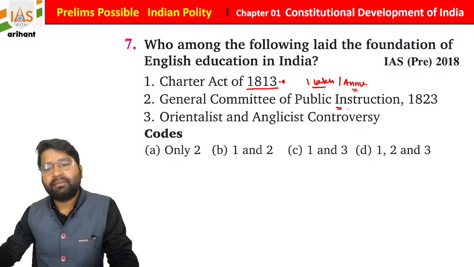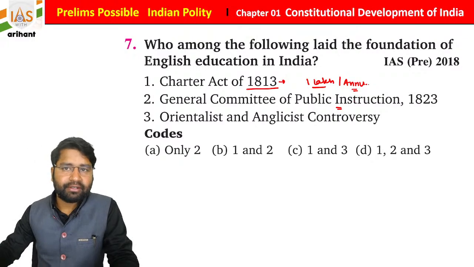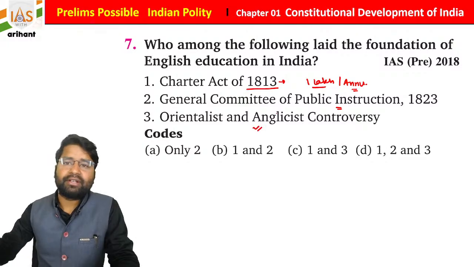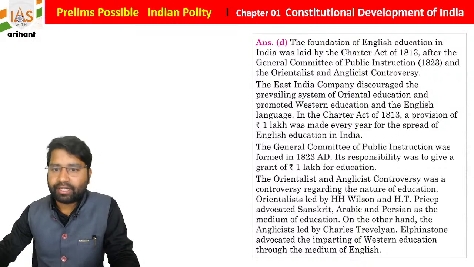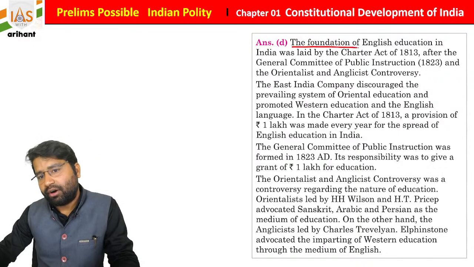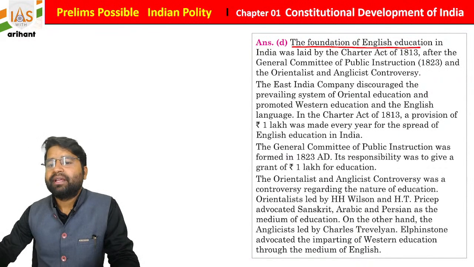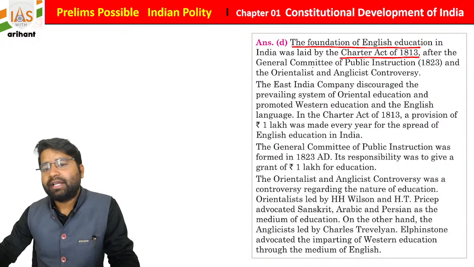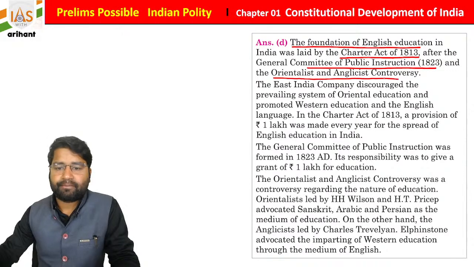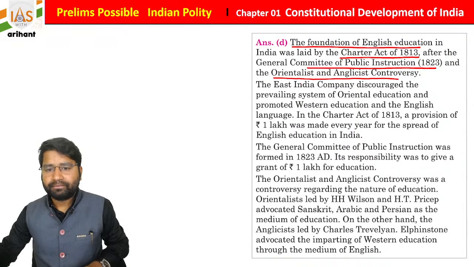There was a General Committee of Public Instruction in 1823, which also recommended it, and there is a controversy also, as well as English education was introduced in India. So this book added here that the foundation of English education in India was laid by the Charter Act 1813. After that, there is the General Committee of Public Instruction 1823, as well as the Orientalist and Anglicist controversy. So we are going to discuss them one by one.